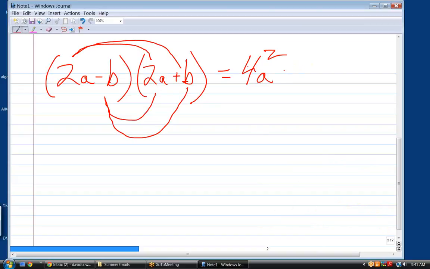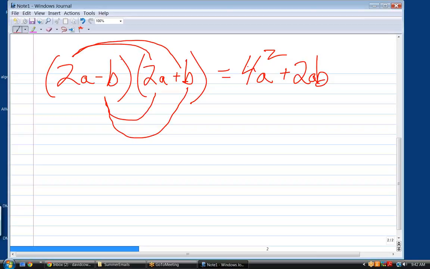So what's the next term here? 2A. And the next term? I wrote that sign too quickly.